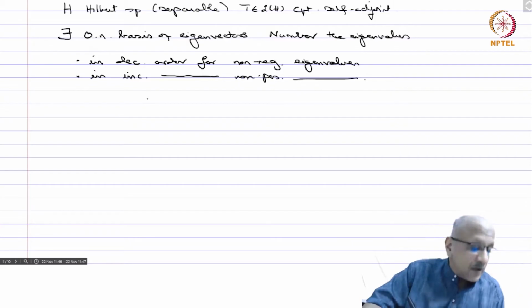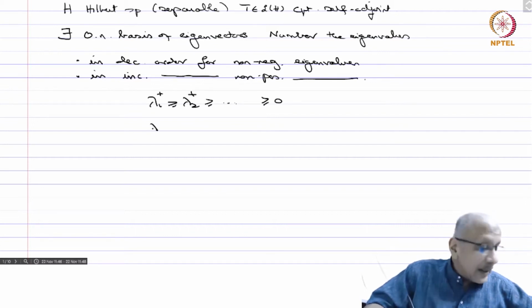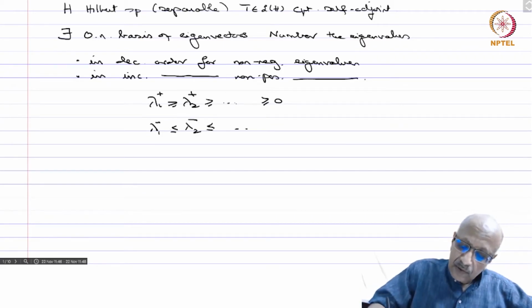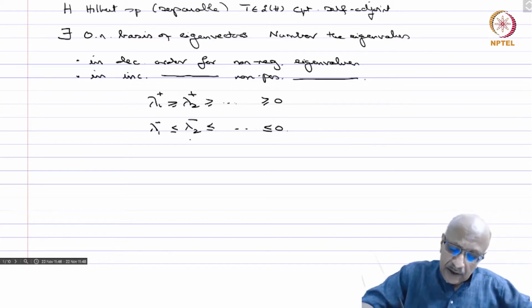So we call them lambda 1 plus, which is greater than or equal to lambda 2 plus, greater than or equal to and so on, greater than or equal to 0, and lambda 1 minus less than or equal to lambda 2 minus less than or equal to and so on, less than or equal to 0. I put less than or equal to or greater than or equal to because they may not all be distinct eigenvalues.